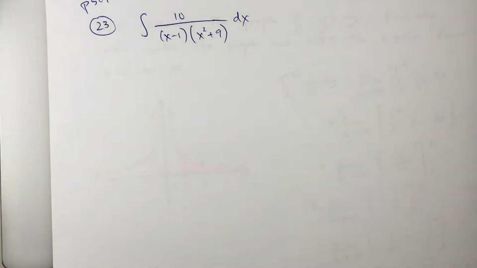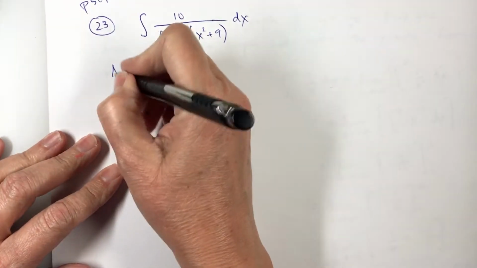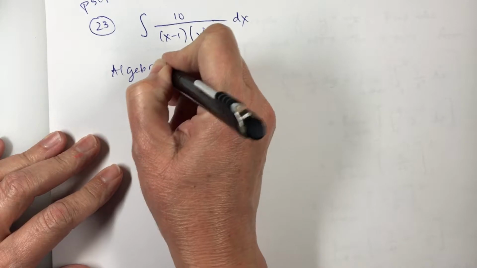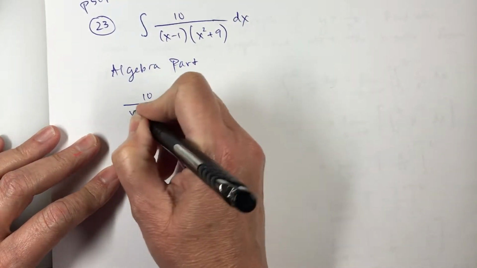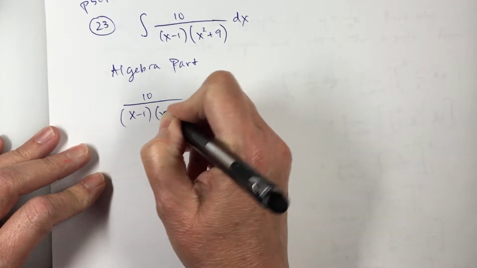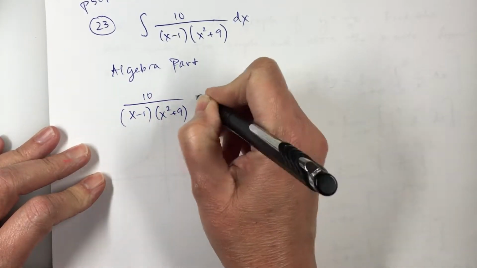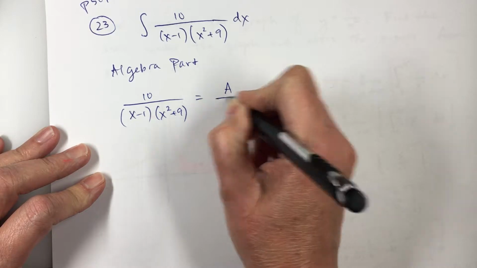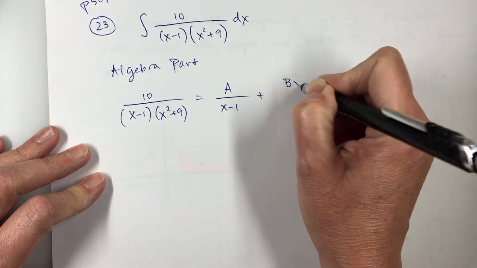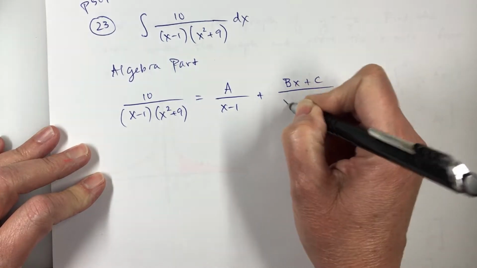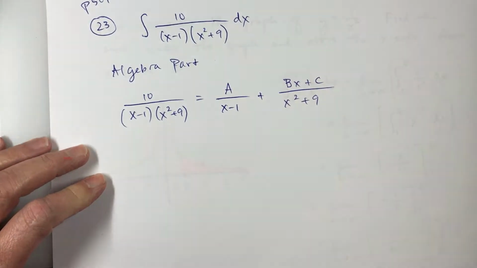So this problem is a problem where you do partial fraction decomposition. So I'll call this the algebra part. 10 over x minus 1 times x squared plus 9 should be some number A over x minus 1 plus Bx plus C over x squared plus 9.